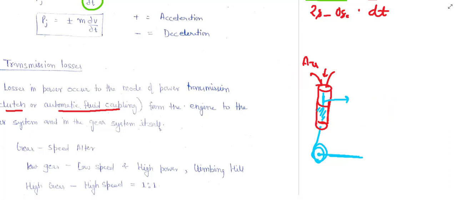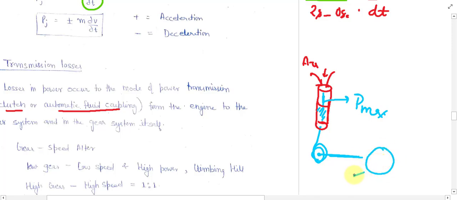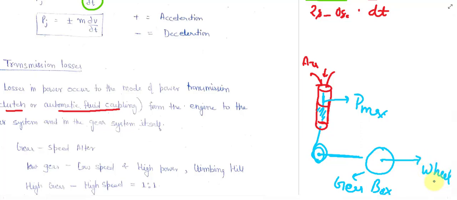The power generated inside the piston is the maximum, so this is P max. But as it transmits to the rotation motion, this rotation motion is related to your gearbox. Then the gearbox transmits to your wheel.